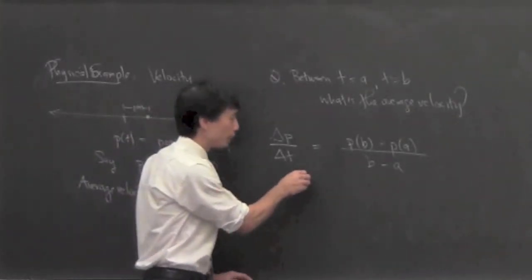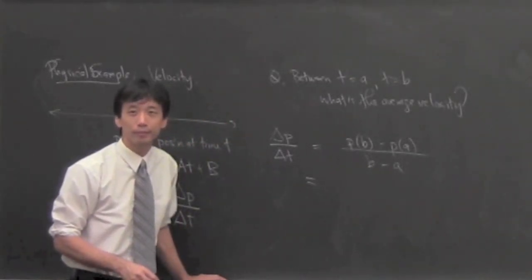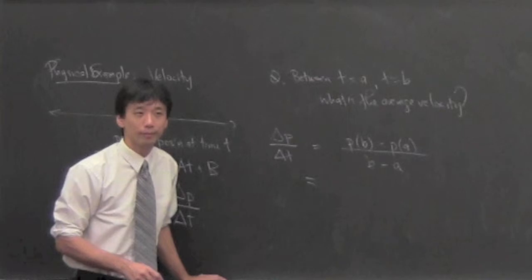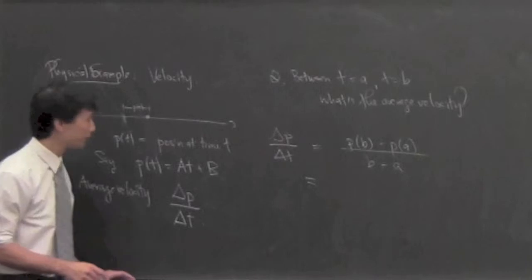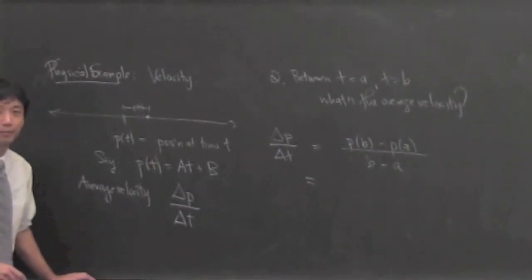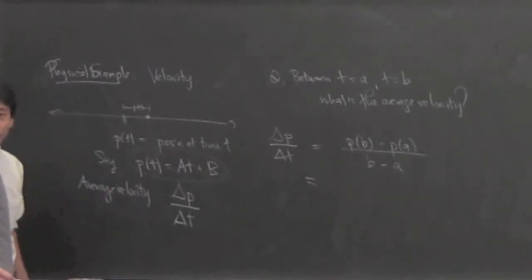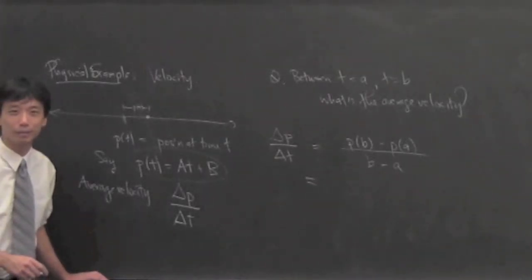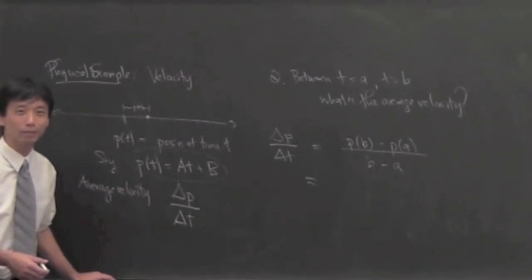Okay, and what does that turn out to be? What's p of b? We have a linear car; it's called a linear car because it moves like a line.